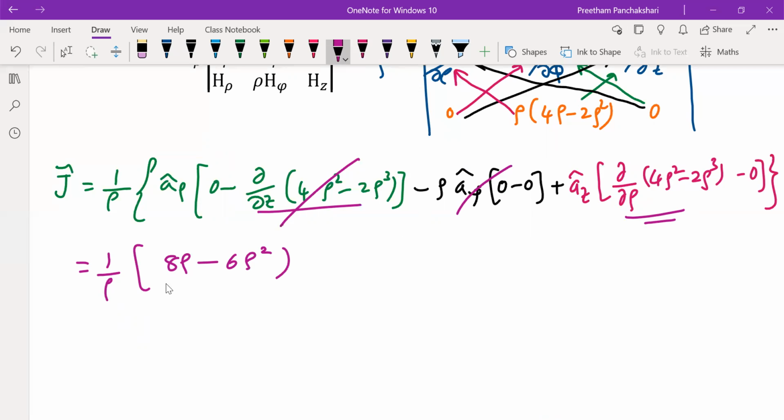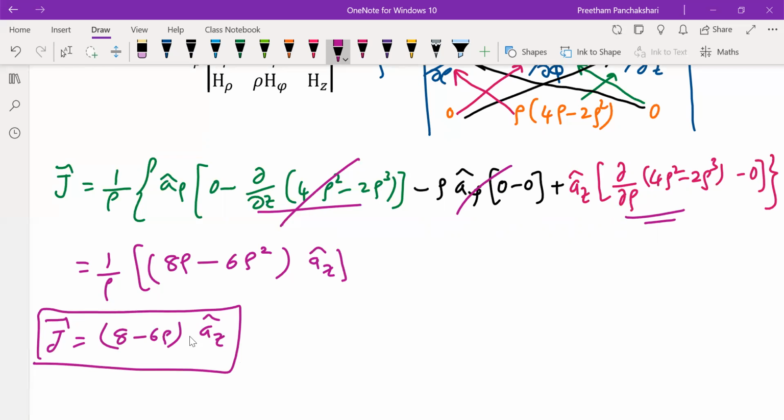So that is going to be the a cap z term. So now further it is 8 minus 6 rho, a cap z, the current density J in ampere per meter square. So this is the answer for the first step. So we have found J in terms of rho. The question is to find current density as a function of rho. So it's a function of rho, but the direction is along the positive z-axis.